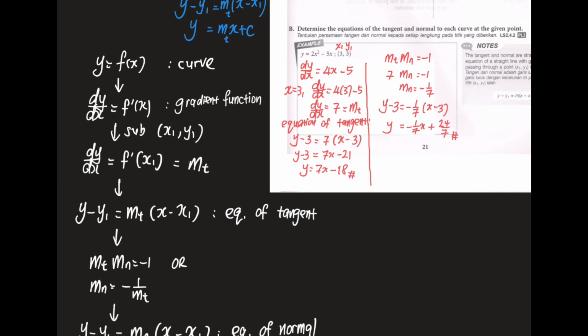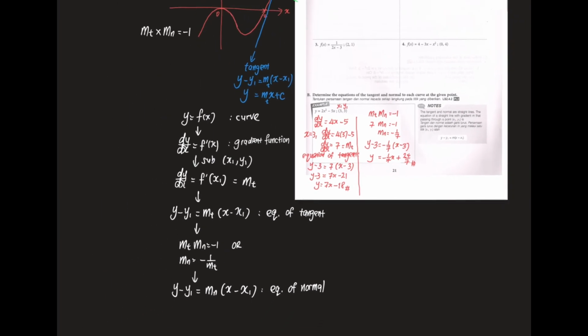So this is the equation of normal. Okay, so that is the idea. So from here, we already get the important information. Our first application of differentiation, we use differentiation to find the gradient of tangent. Then after that you can find the equation of tangent and equation of normal.